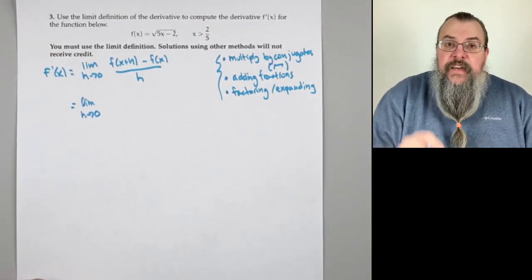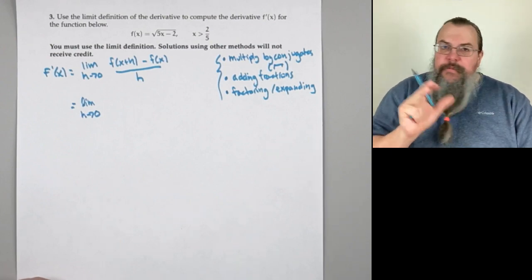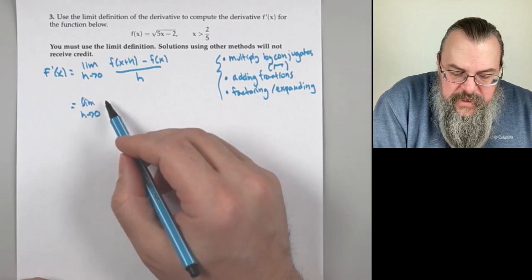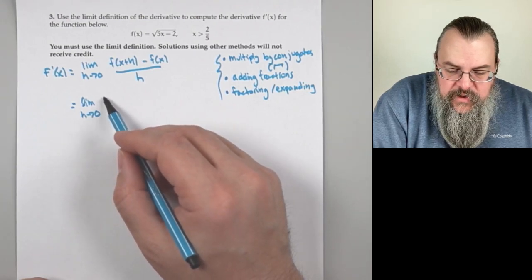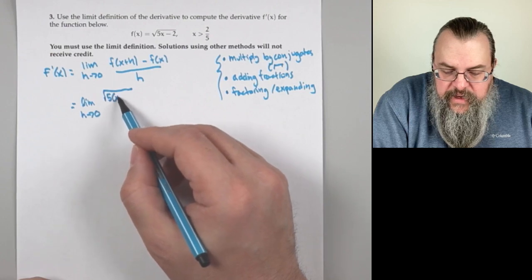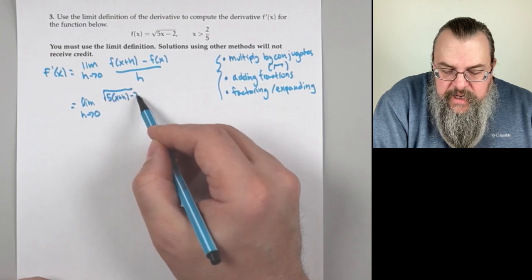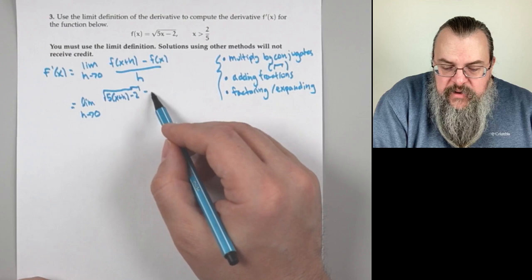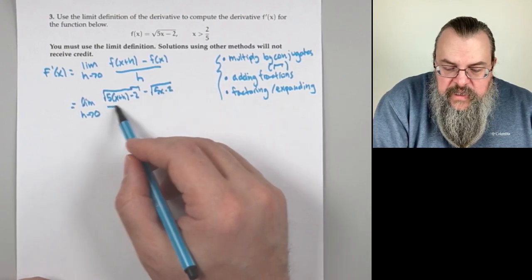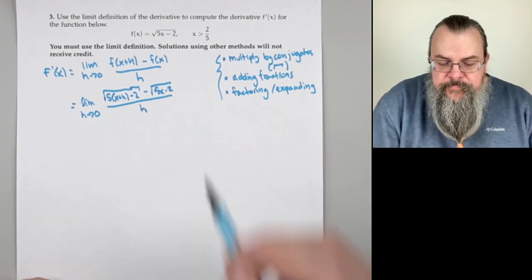It's not that there's a plus h on the very end. No, that's not what happens. It's everywhere where I see an x, I put x plus h. So this would be the square root of 5, and instead of x, I put parentheses x plus h, and a minus 2, and minus the square root of 5x minus 2, and downstairs h.